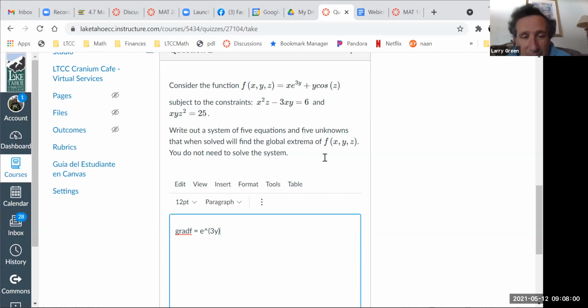And that's it. I need my bracket. So I have a vector, comma, take the derivative with respect to y, chain rule, I get 3x e to the 3y plus cosine z, comma. Then I take the derivative with respect to z, which is negative y sine of z.